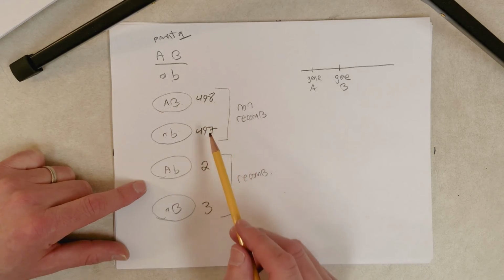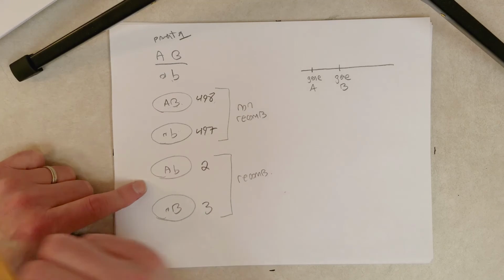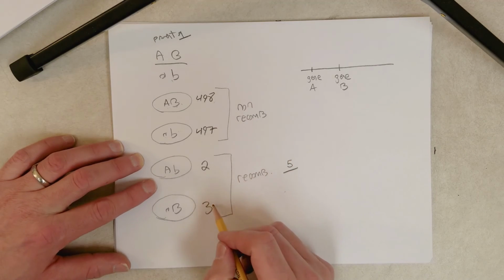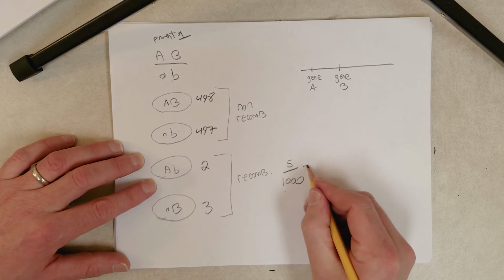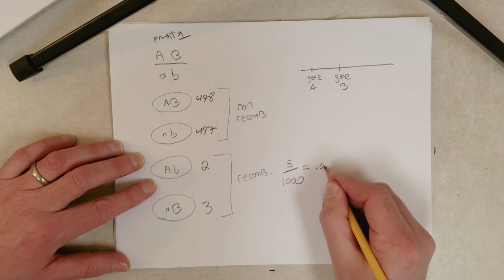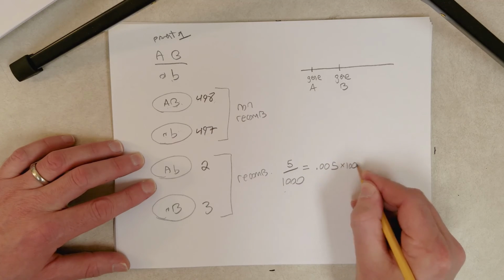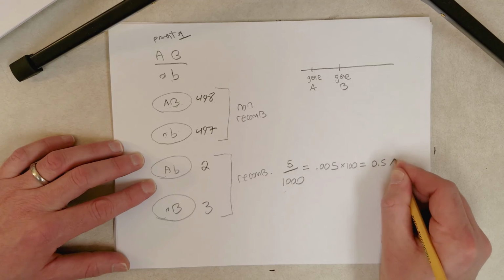If you add these up, they should add to 1,000. And 5 out of the 1,000 were recombinant gametes. So 5 divided by 1,000 is 0.005. We multiply that by 100 to get the percent, and that gives us 0.5%.